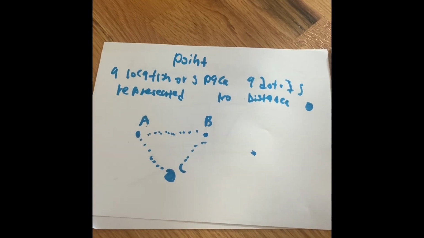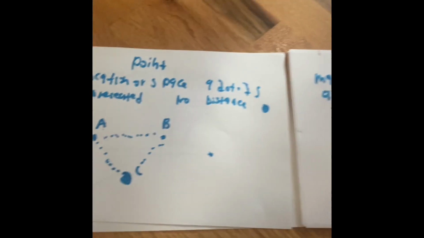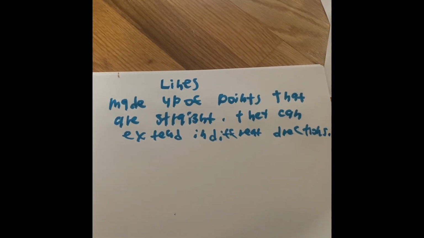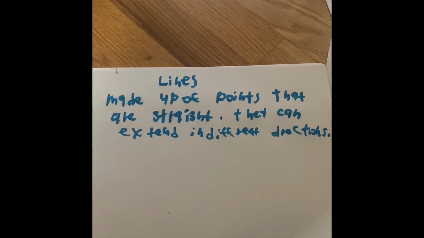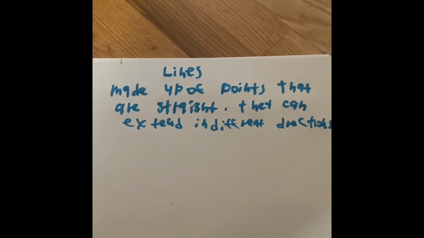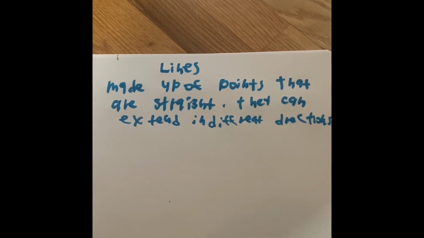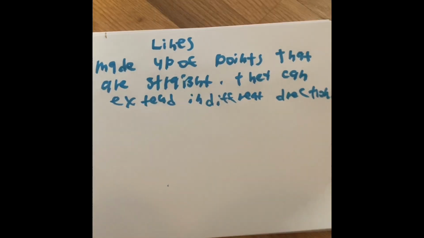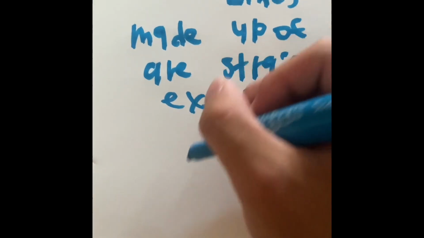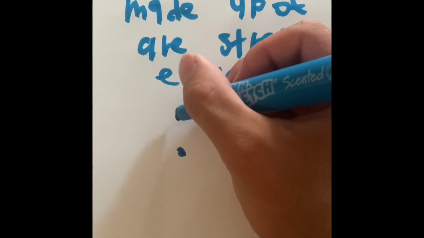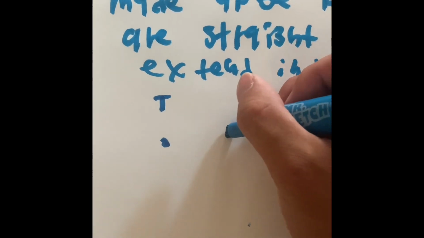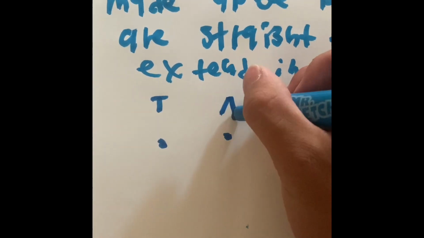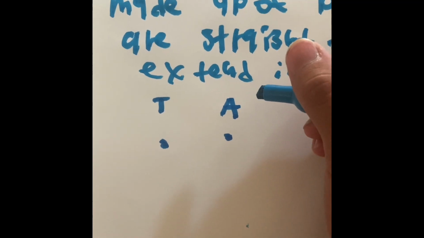So let's move on to the next basic. So here is another basic. It's lines. And lines are made up of points that are straight. They can even extend in different directions. So let's say we're going to put point T right here. And we're going to put point A right here for Taoping Airlines.